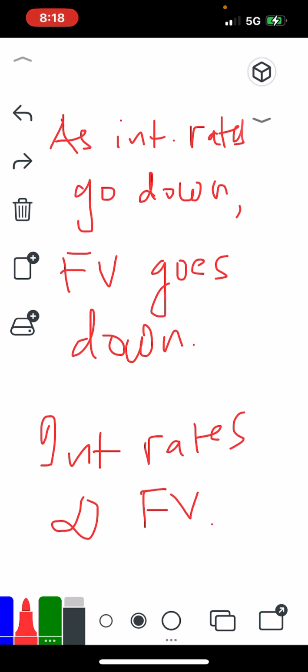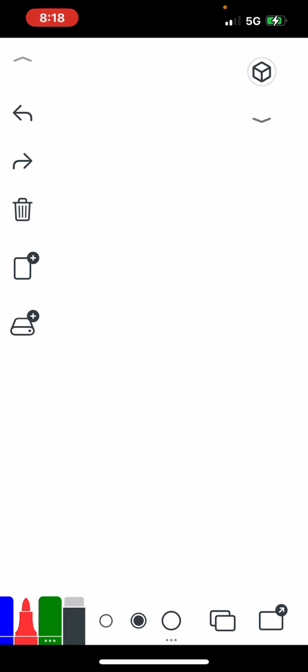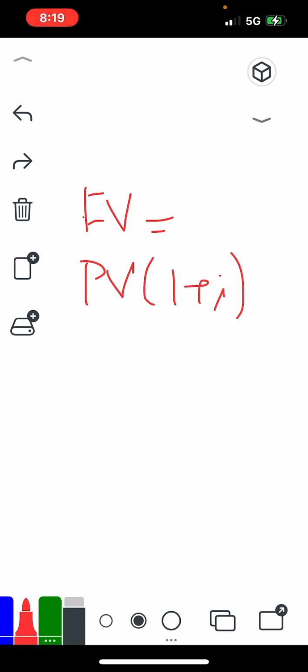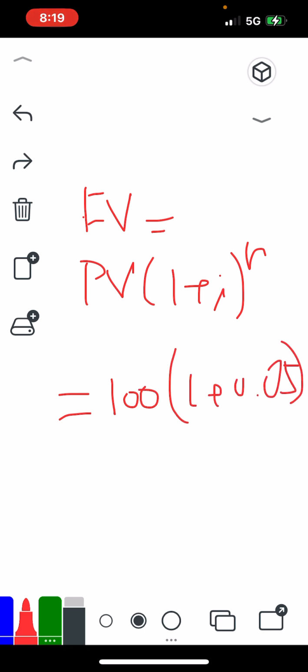We can use an example over here. Let's assume that your future value equals present value times 1 plus I, all raised to n. Let's assume this is 100, times 1 plus 0.05, all raised to n, let's say 10.